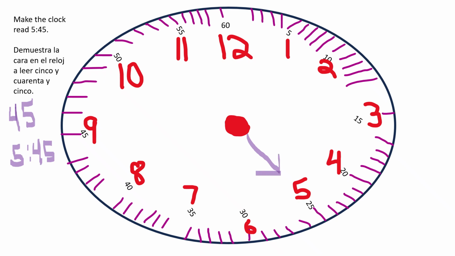And I'm going to be honest with you. If it's going to be 5:45, that's a little bit before 6. So I'm going to go ahead and make it like about here. Like kind of not right at the 5, like after, so you can understand that the clock is kind of turning more towards the 6. But that's 5:45.